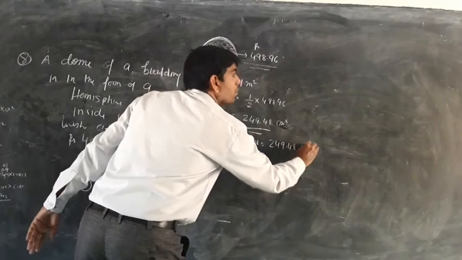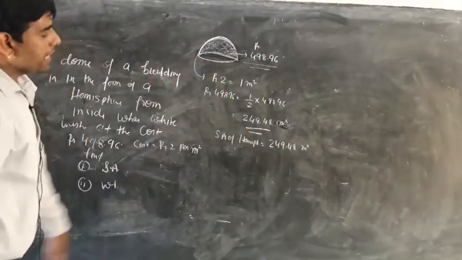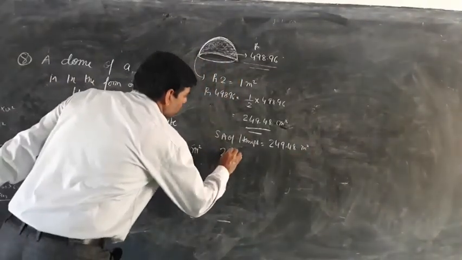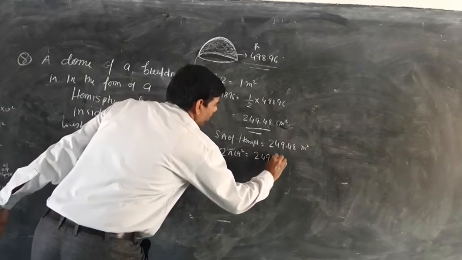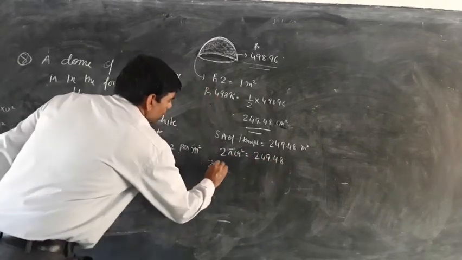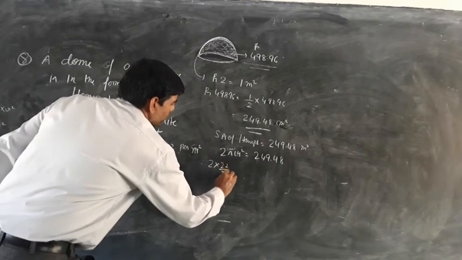The surface area of the hemisphere is 249.48 meter square. The formula is 2 pi r square is equal to 249.48. The value of pi will be 22 upon 7.